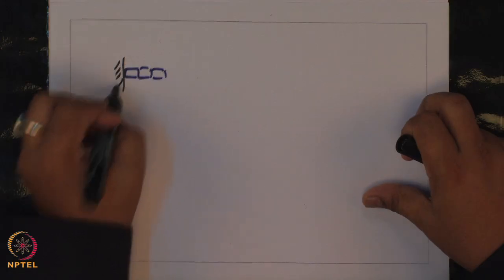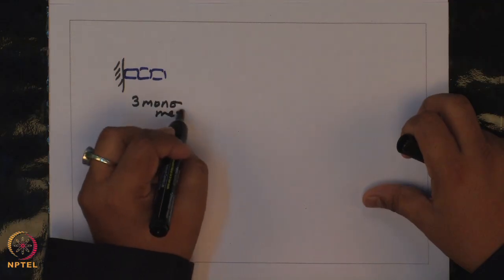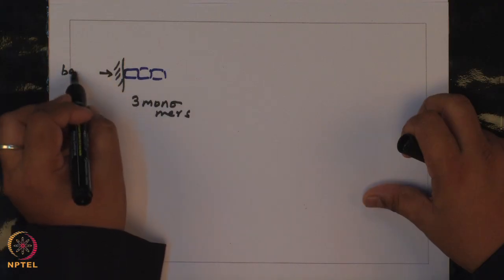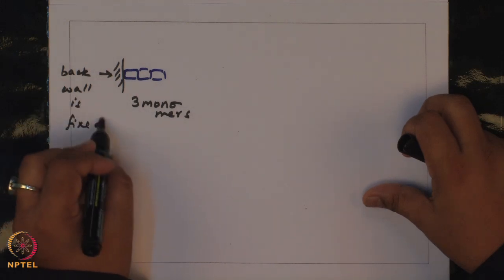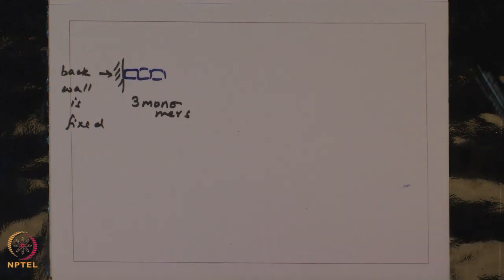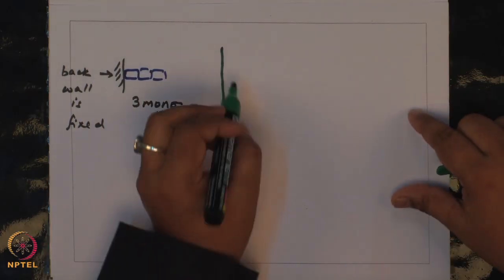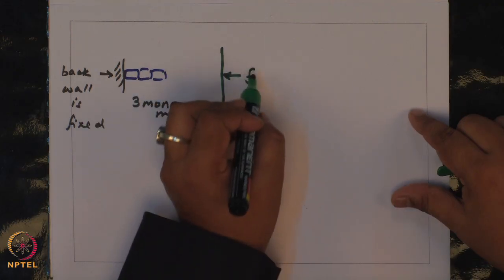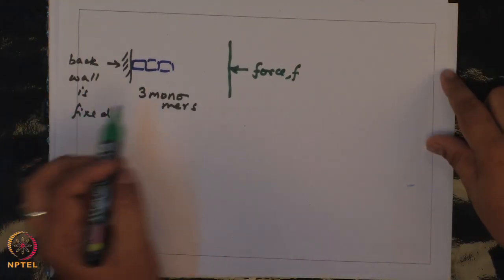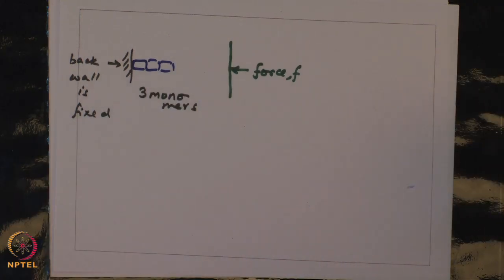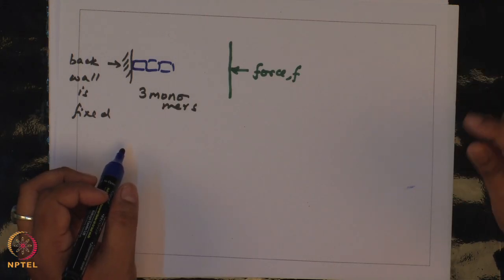You start with a filament of 3 monomers. This back wall is fixed, and this filament polymerizes against a wall on which you exert a force F, and you want to see what the network dynamics of this growth is for different values of branching rate, and so on.